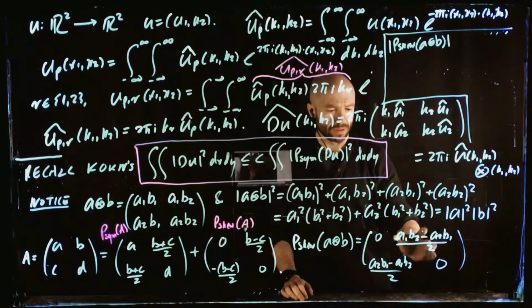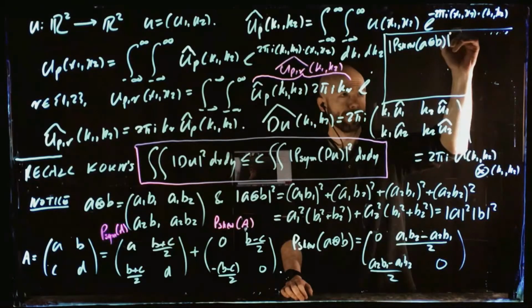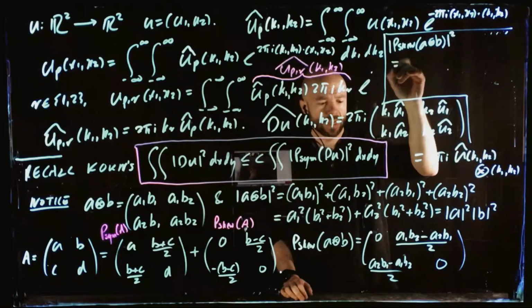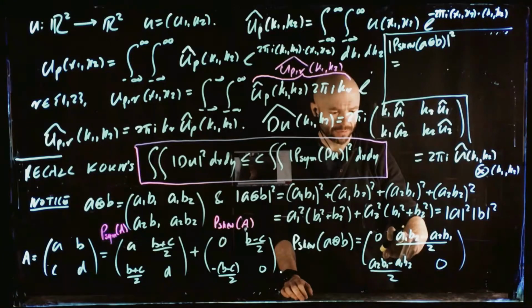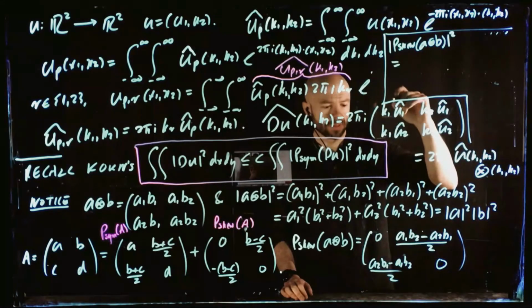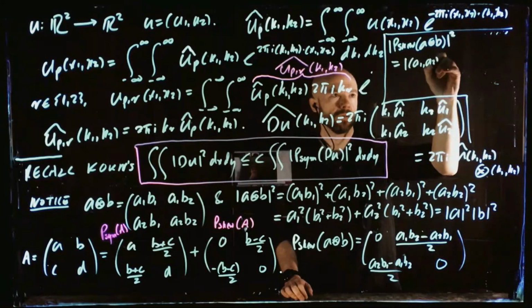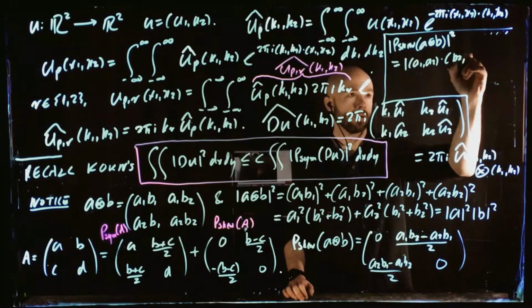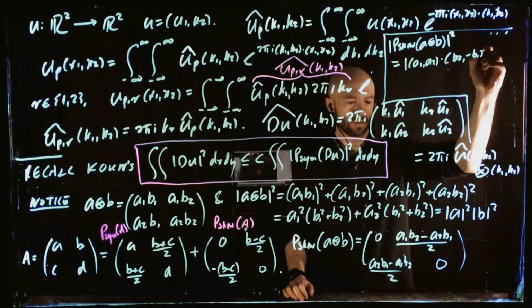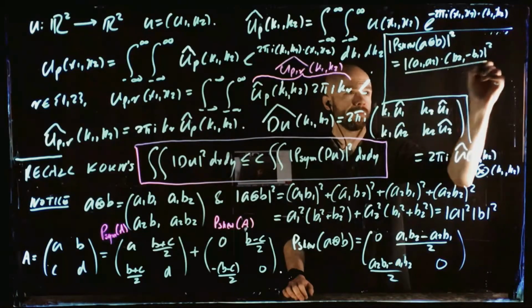Actually, let's just square it. So I'm going to write this as the inner product of A1, A2 with B2, minus B1. So it's going to be the dot product of A1, A2 with B2, minus B1, squared over 4.